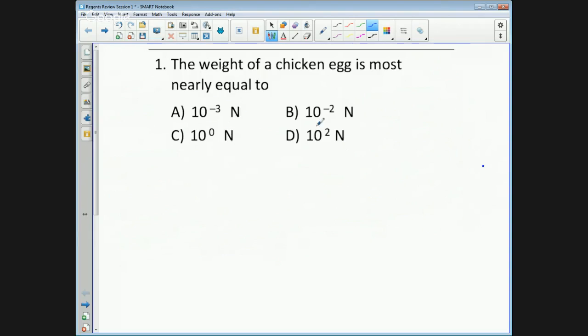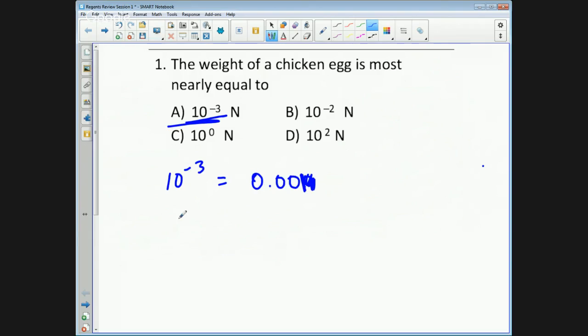These are all in scientific notation, and they're difficult to understand, so I like to convert them into decimal form. For A, 10 to the negative 3 would be 0.001.